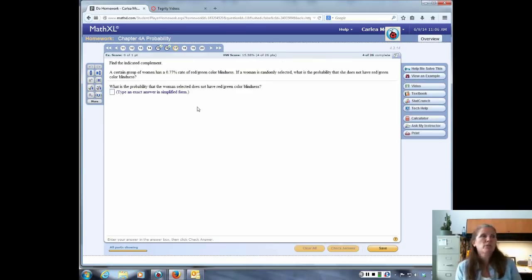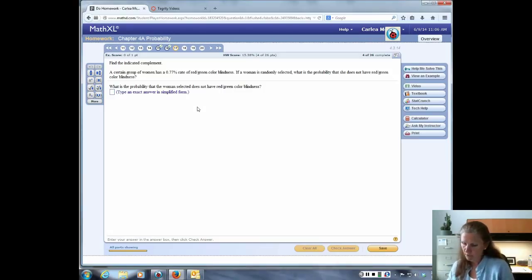Find the indicated complement. Remember, a complement of a set is what's left over when you take the other set away. A certain group of women has a 0.29% rate of red-green color blindness. If a woman is randomly selected, what is the probability that she does not have red-green color blindness? So this one I'm going to flip over to my paper just because I want to show you something that people miss a lot.